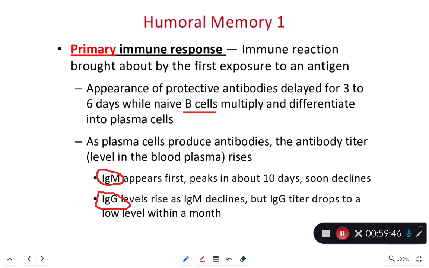And when we think of immunoglobulin G, that's the antibody that helps with opsonization, to make those individual bacterial cells more likely to be phagocytized.